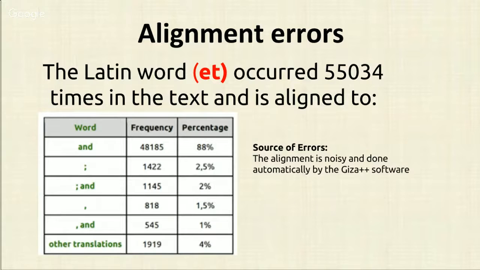So we can see that we have some errors. These errors occur because the alignment is done using the GIZA++ software. It's not manual alignment. So we have some errors, as we can see, about 3% or 4%.